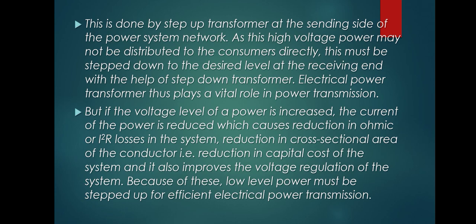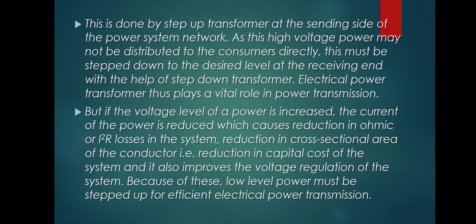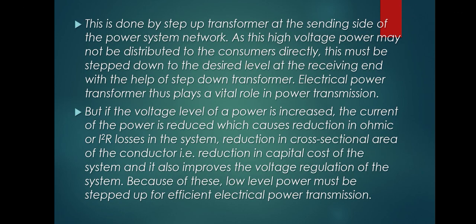So this is done by a step-up transformer at the sending end of the power system network, as the high voltage power may not be distributed to the consumers directly. This must be stepped down to the desired level at the receiving end with the help of a step-down transformer. The electrical power transformer thus plays a vital role in power transmission.